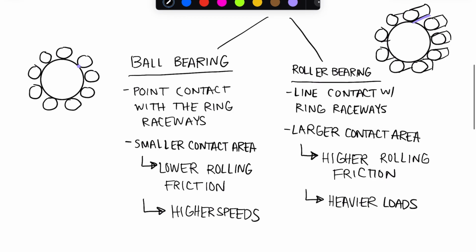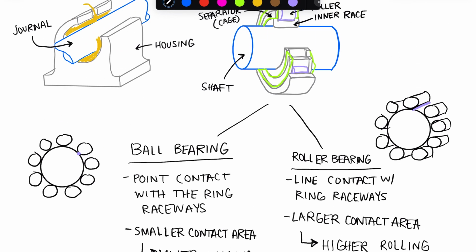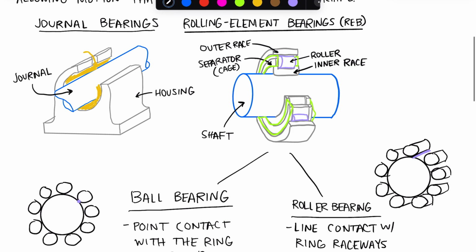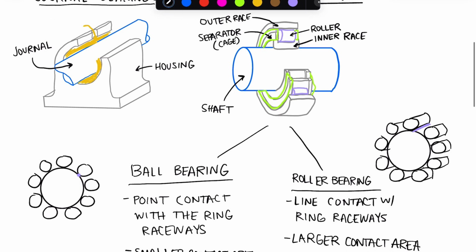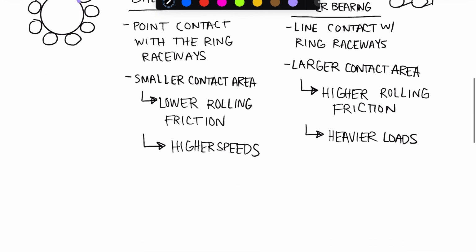Remember that the weight of whatever is being supported by this bearing has to go through the outer race, through the roller, to the inner race, and ultimately to the shaft, or vice versa. Maybe the weight is coming from the shaft transferred to the outer race. But in any case, it has to pass through these rollers, and so if you have a greater surface area that you can distribute your load to, that means lower stress, which means that you can carry heavier loads.